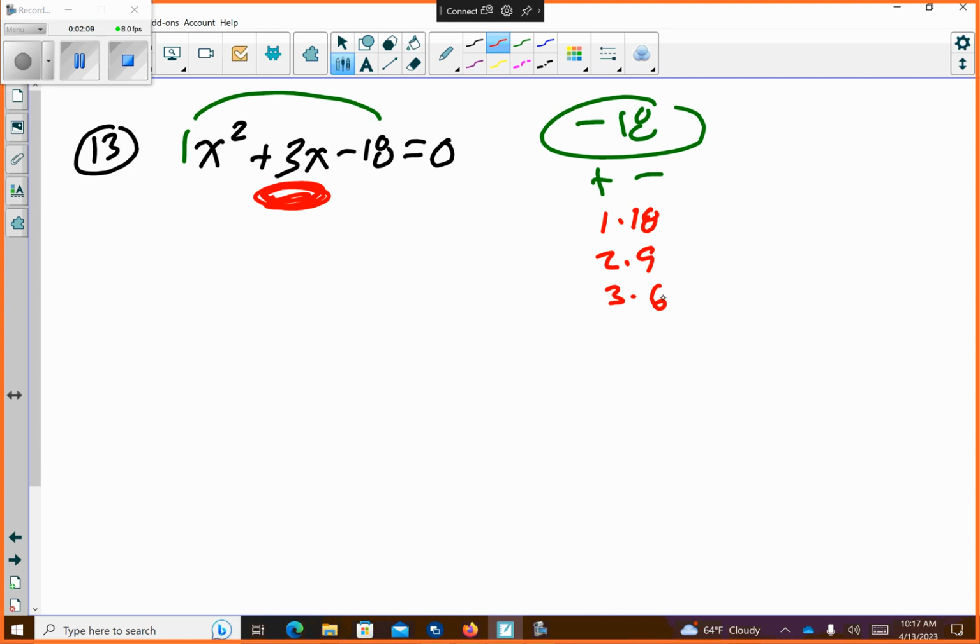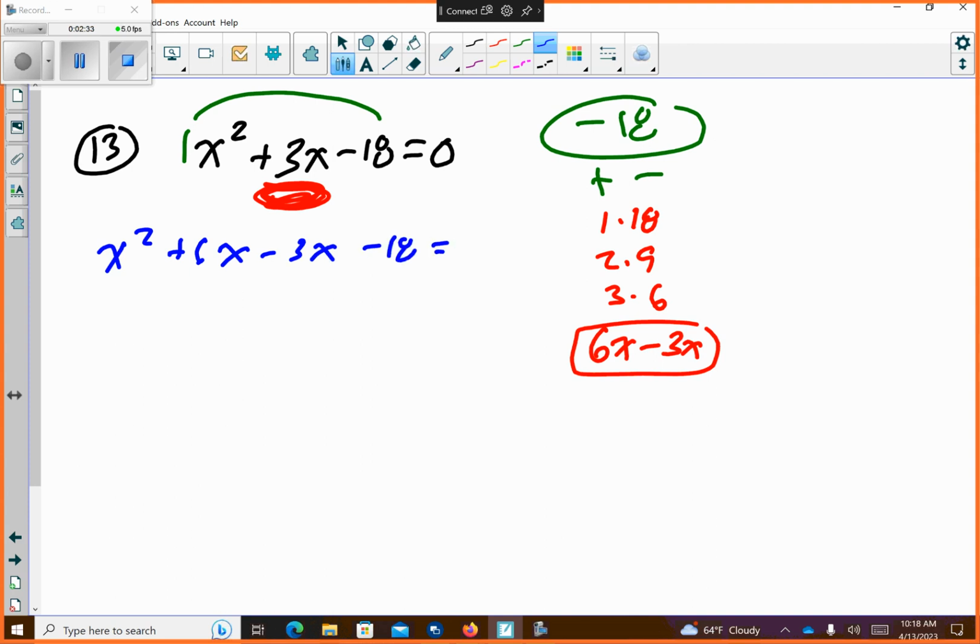Yeah. So you have 6x minus 3x. That right there would give us 3x. Agree? So if you factored it, you could just say, oh, okay, I know if I do this and this, it's going to work out just fine for you.